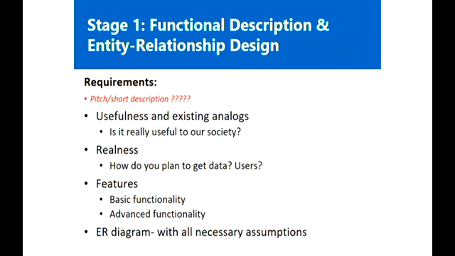It needs to be solving an actual problem, like making our life more convenient or creating something that has never existed before. And then the realness requirement is basically saying the data in your website, the data in your database, needs to come from real users.